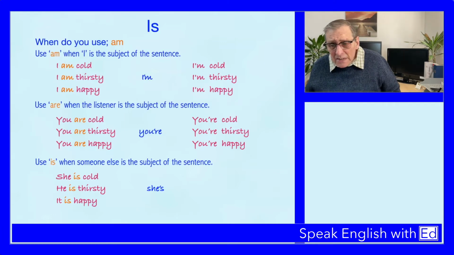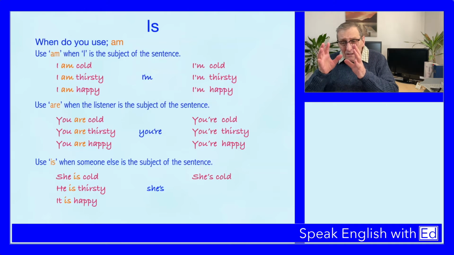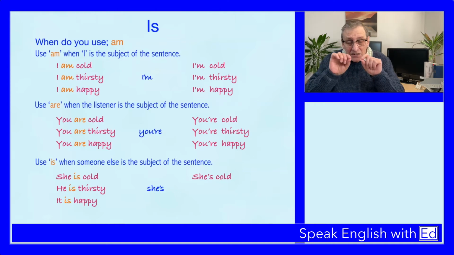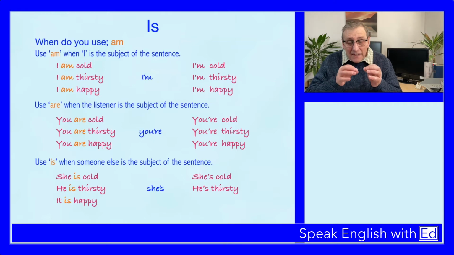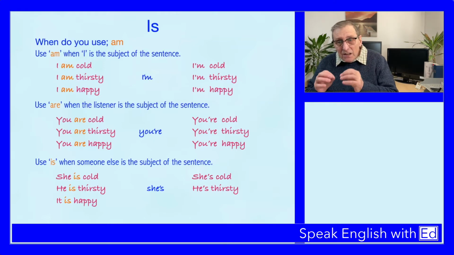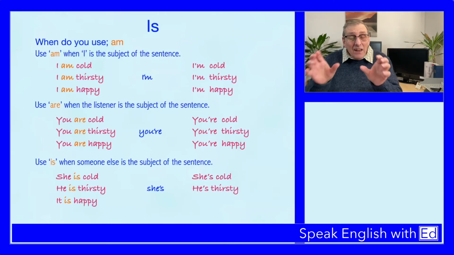And when you put these into the other form, we get she's cold. When you put that into the sentence, it's not she is, it's she's cold. And you get he's thirsty. Not he is, but he's thirsty. It's okay to use either of these.